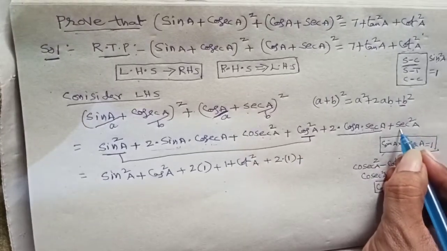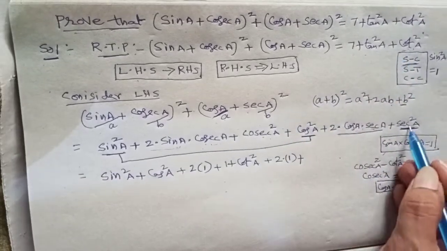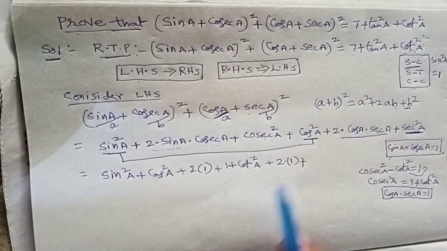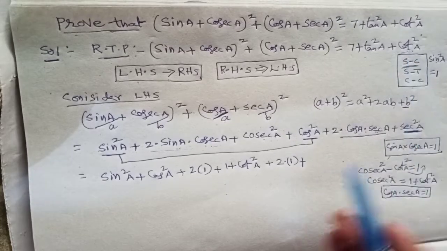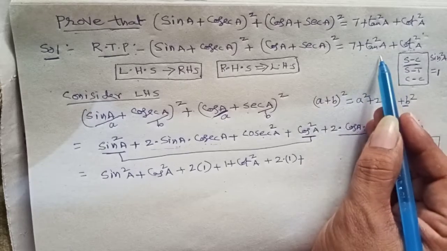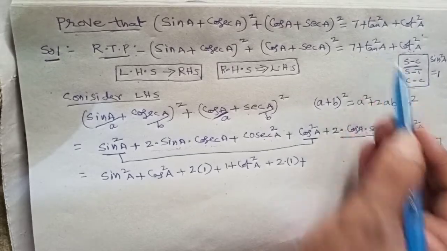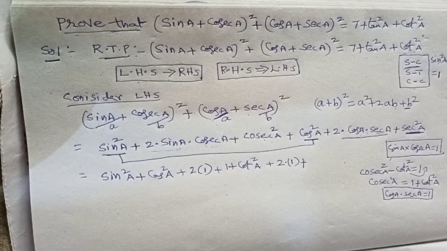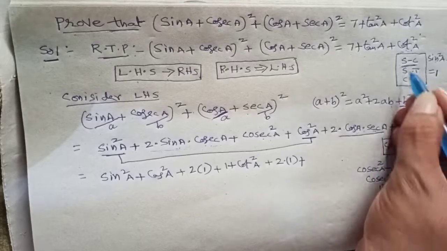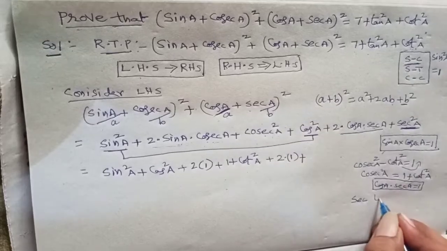Then the last one is secant square A. Here the RHS does not contain secant squares, but the RHS contains constants. The RHS contains cot square, which has already been obtained. Then what we have to obtain? We have to obtain tan square for getting the RHS. Therefore, this secant square and this tan square establish a relation in identities, that is ST. How can you write the identity ST? First write secant, then the second ratio is tan.